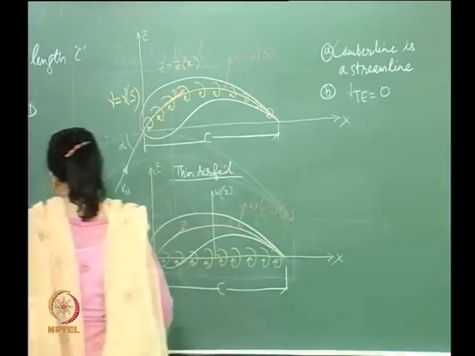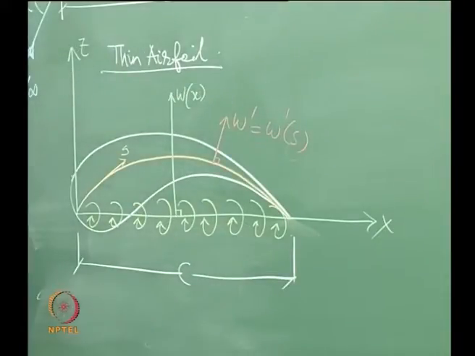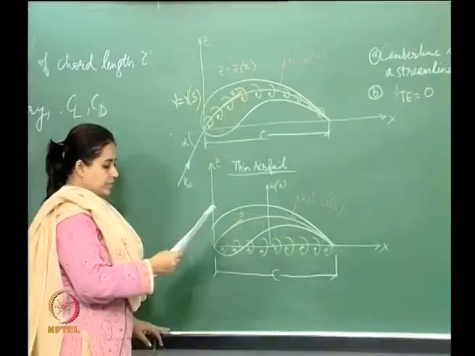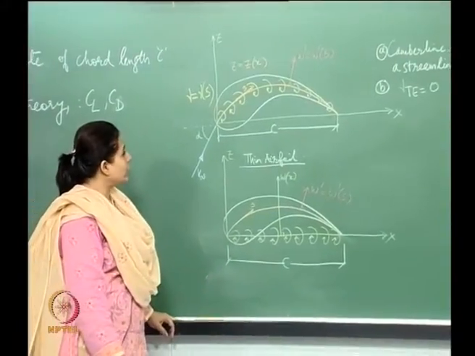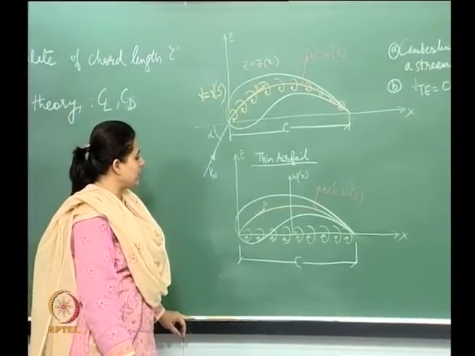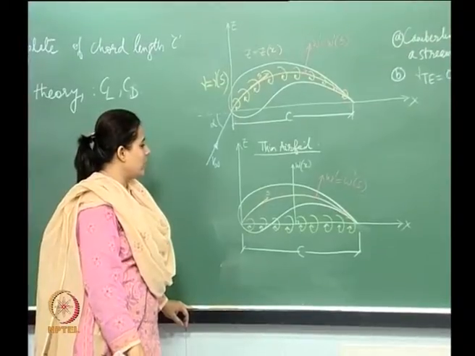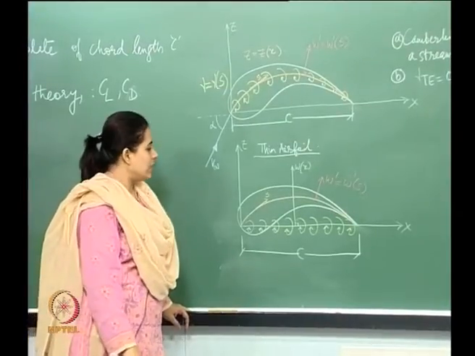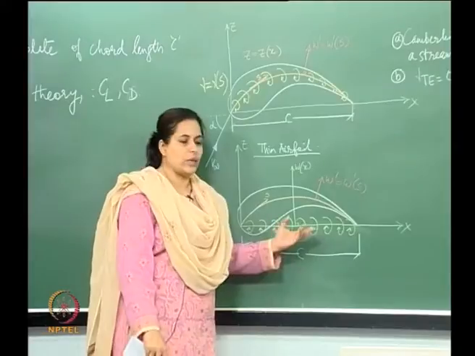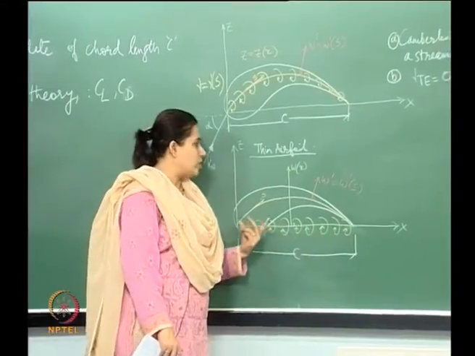This is the normal component. So the vortex distribution on the camber line is just the same as the vortex distribution on the chord line.